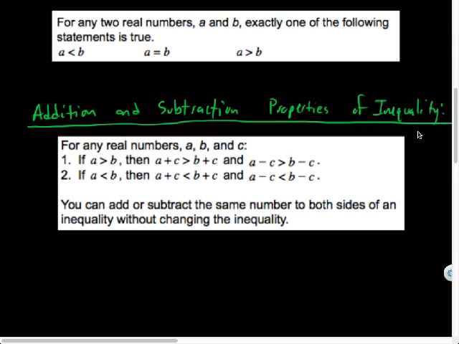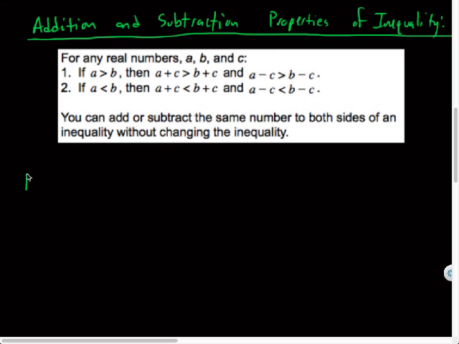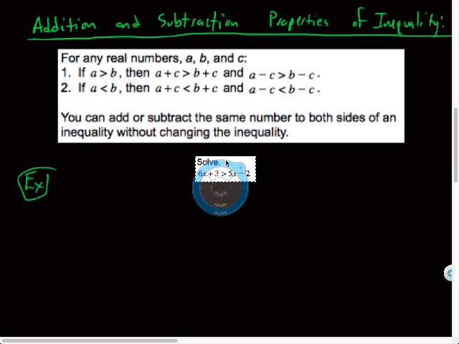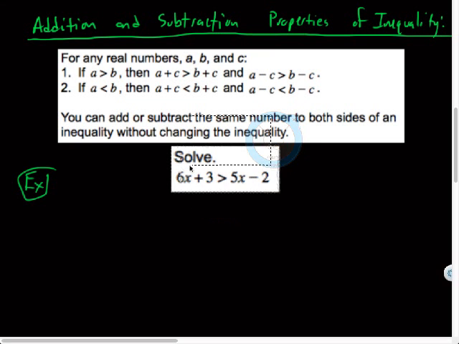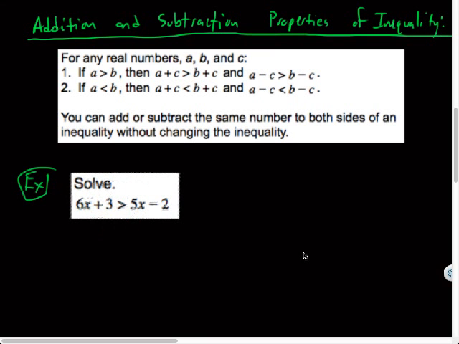So let's put this to work. Why not, shall we? Let's do an example. So let's solve the following: 6x plus 3 is greater than 5x minus 2.